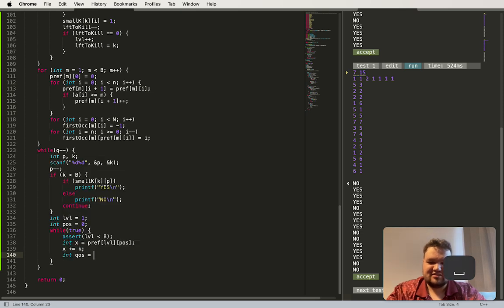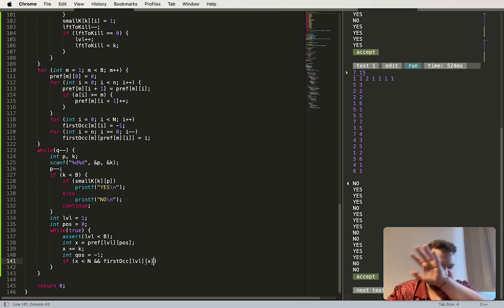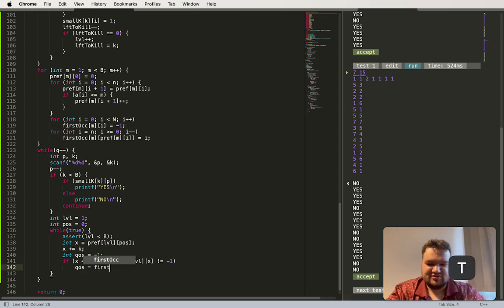So let's compute the position where we will have this thing, and if x is smaller than big N and this first occurrence of prefix sum x, when we calculate it for level LVL, is not -1, so it actually occurs, then this position will be the first occurrence.